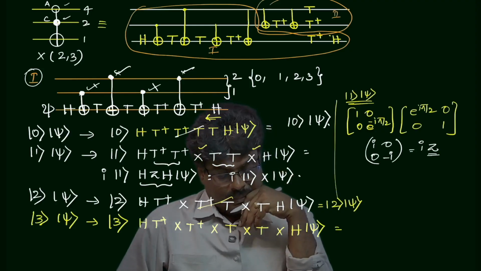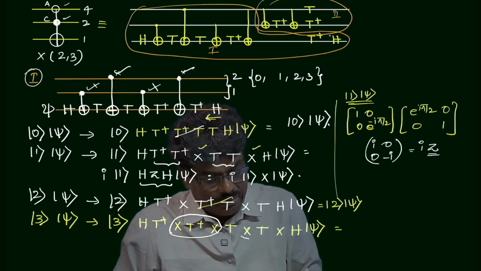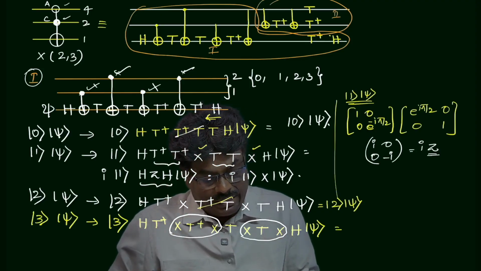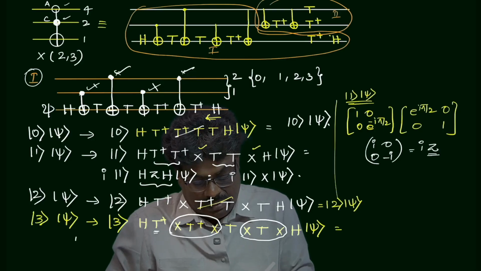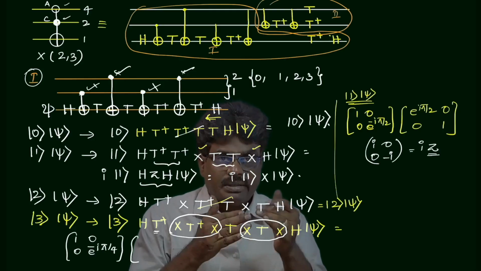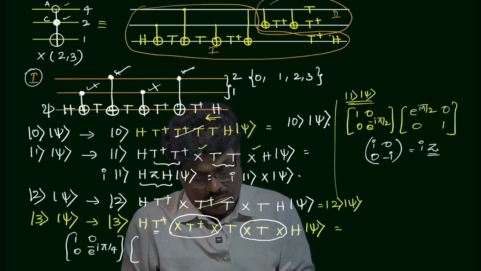Okay, so fine. Now here we have some operations. I hope you understand. Please take it like this. Now here X, T dagger, X. Forget about H and carefully see this T dagger. I'm writing from here 1 0 0 e raised to minus i pi by 4, and here X T dagger X, take T dagger but interchange the diagonal elements, that is e raised to minus i pi by 4, 1.